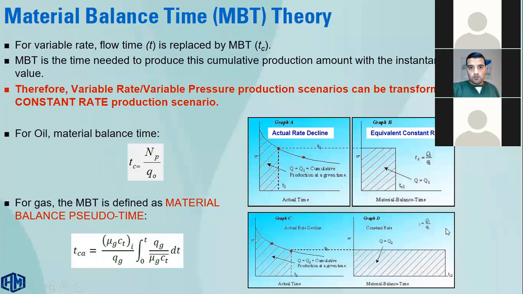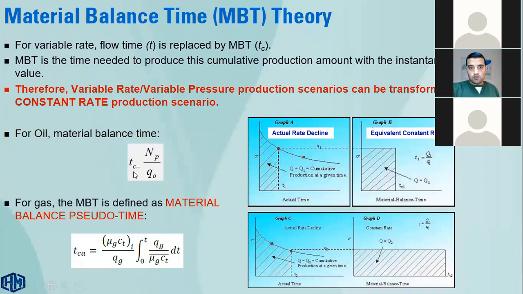So the material balance time is the calculated time to get the equivalent cumulative production in case of the constant rate solution.